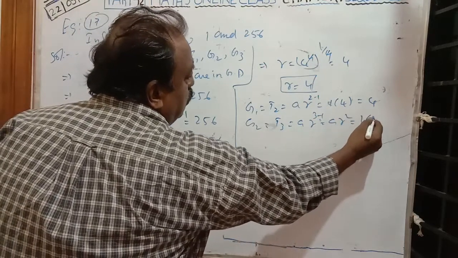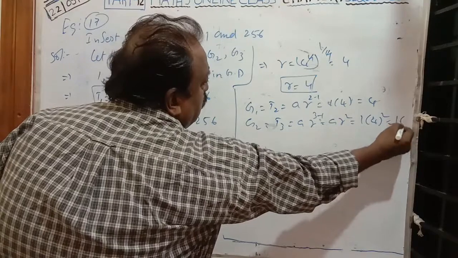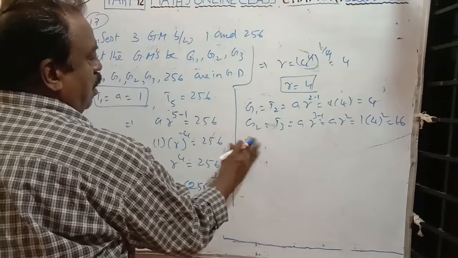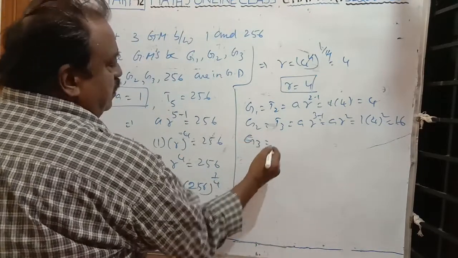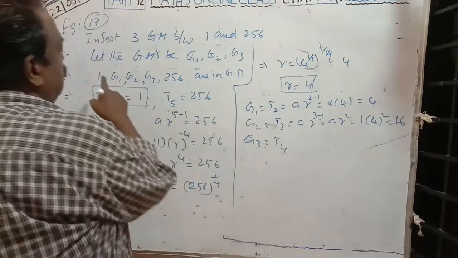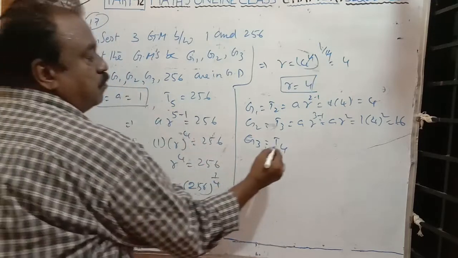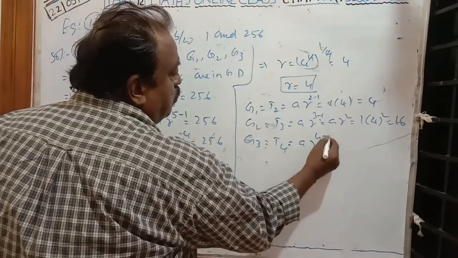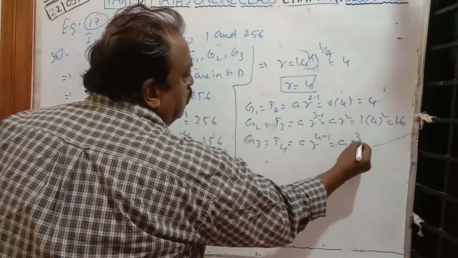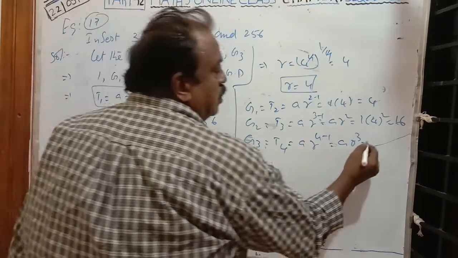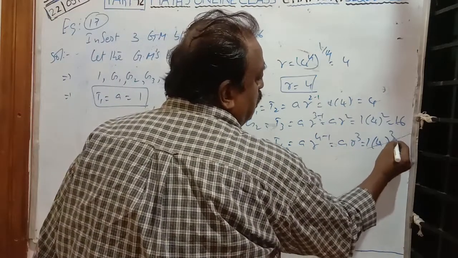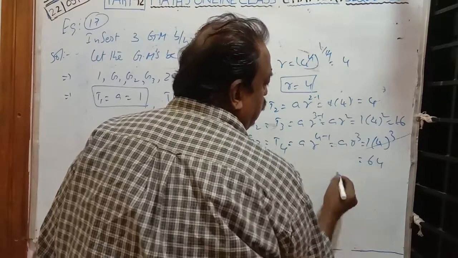That is 1 into 4 square, which is equal to 16. G3 is the fourth term, AR power 4 minus 1, AR cube. That is 1 into 4 power 3, which is equal to 64.